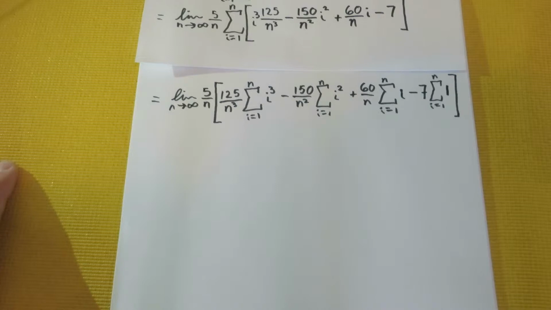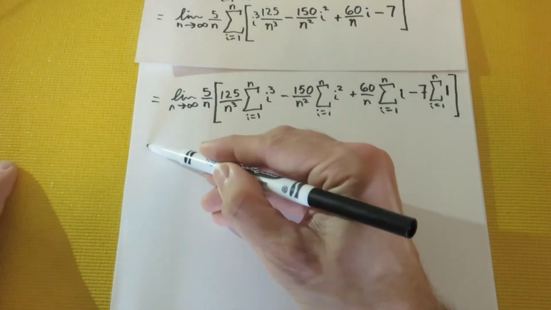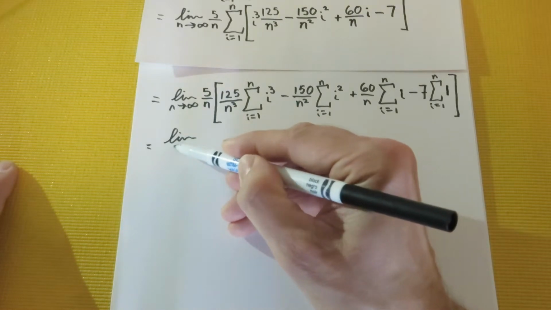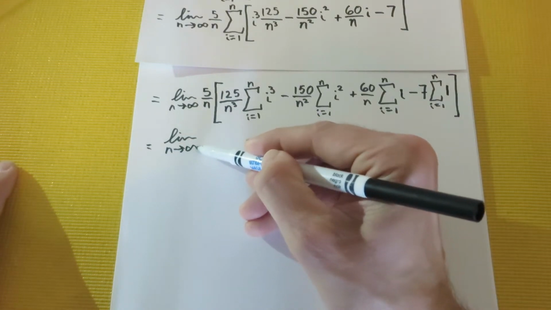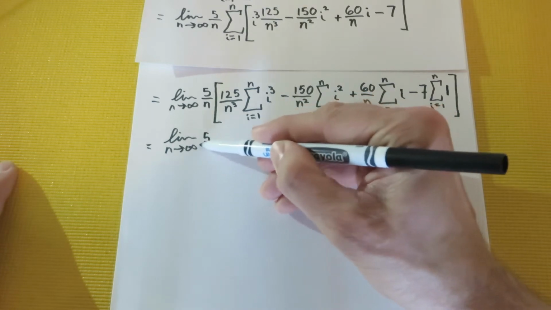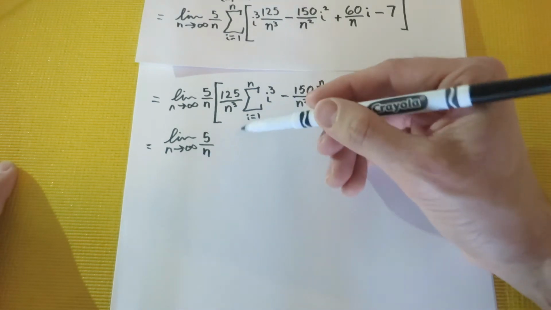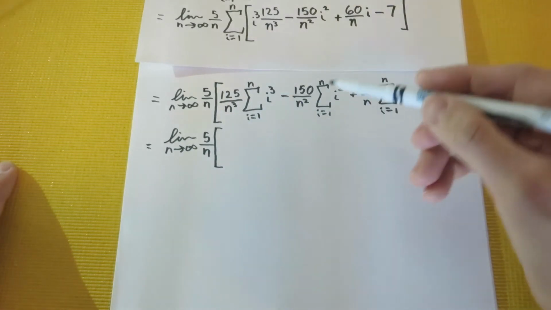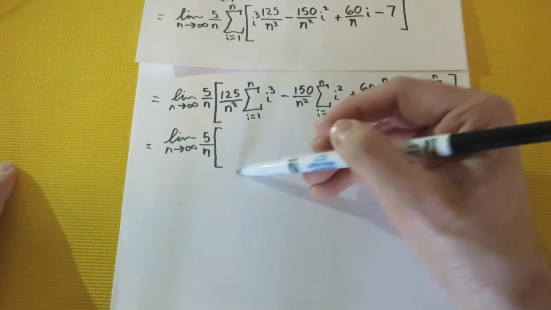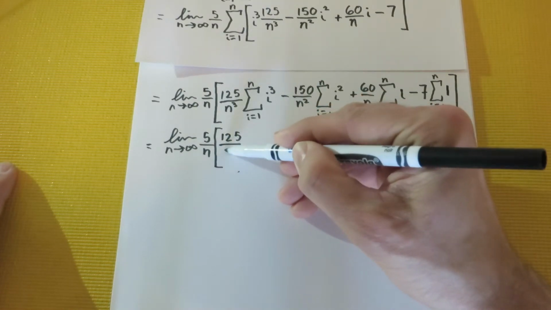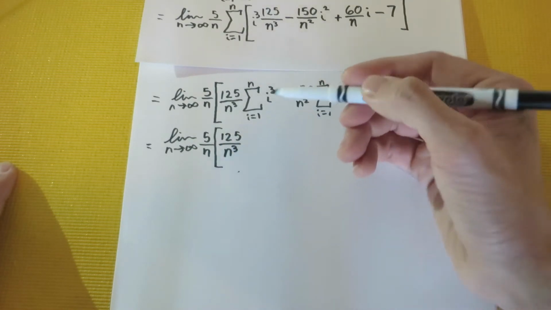So let's do that. This is just going to equal the limit as n approaches infinity. We're going to keep our 5 over n out front here. We have 125 over n cubed.